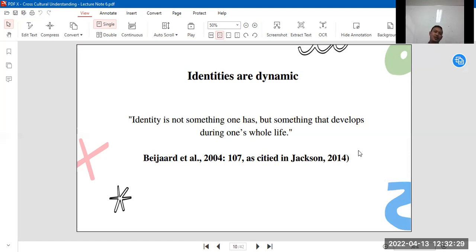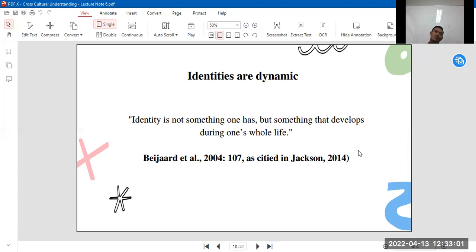Let's say, when we study abroad, we meet many people who come from different countries, right? And of course, we get more exposure to other groups and societies, right? A shift in attitudes and perceptions may also bring about the use of different identity labels.